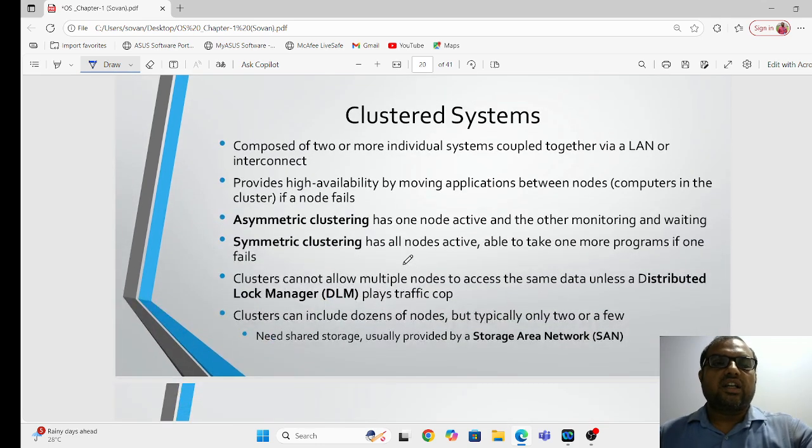Then the clustering system. A cluster of systems is composed of two or more individual systems coupled together via a LAN.